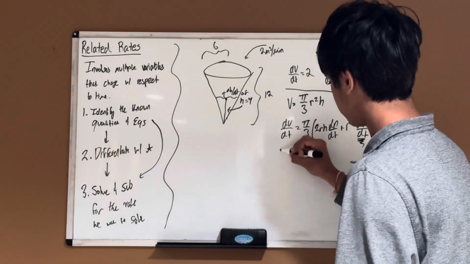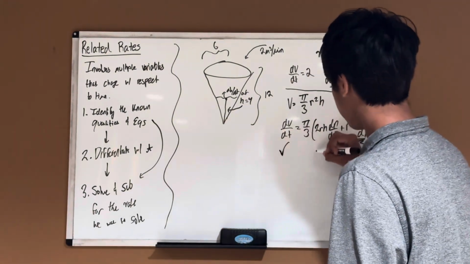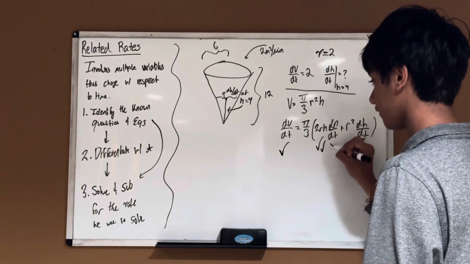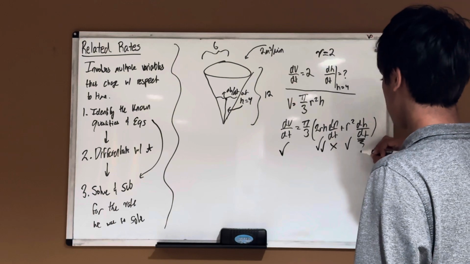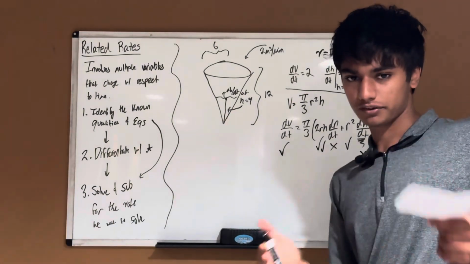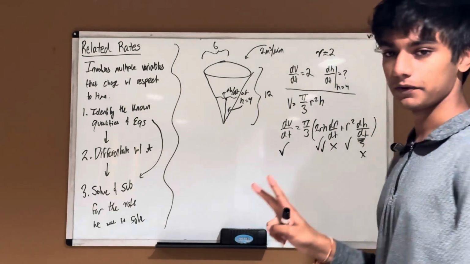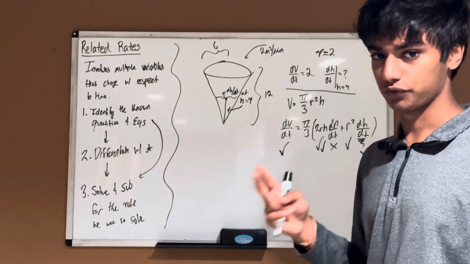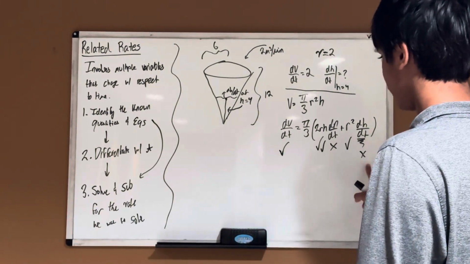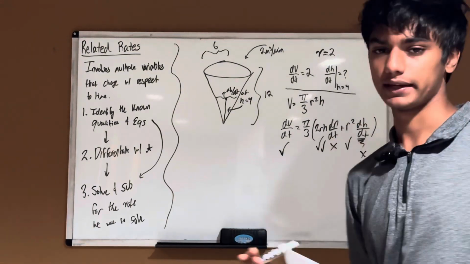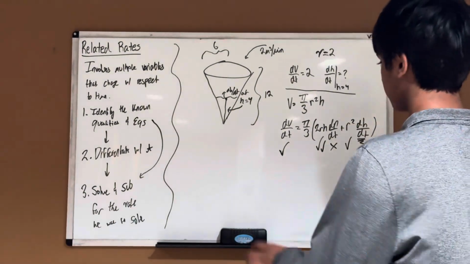We have dV/dt, we have radius, we have height, we don't have dr/dt, we have radius, we don't have dh/dt. So we just came into a corner, right? Because we have one equation, but we have two unknowns, and we can't solve for two unknowns with just one equation. So this equation won't work because, again, we don't have dr/dt. We don't know the rate at which the radius is changing.